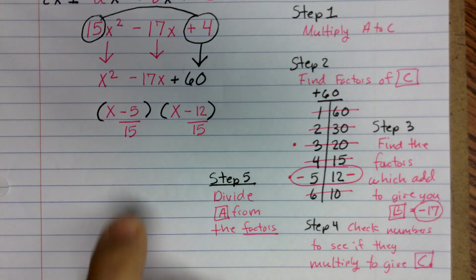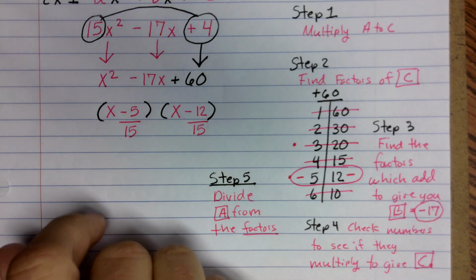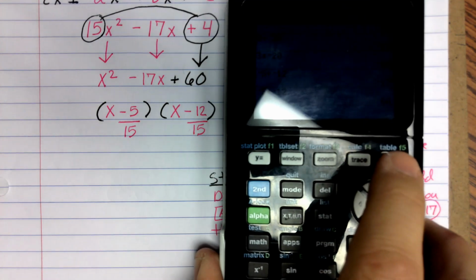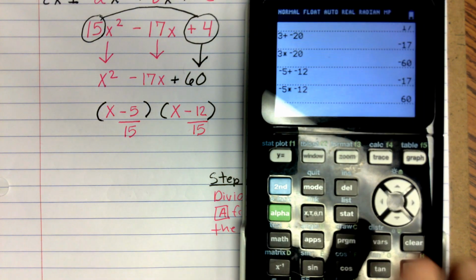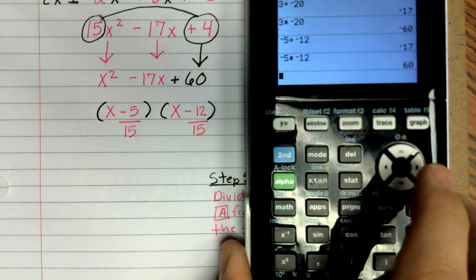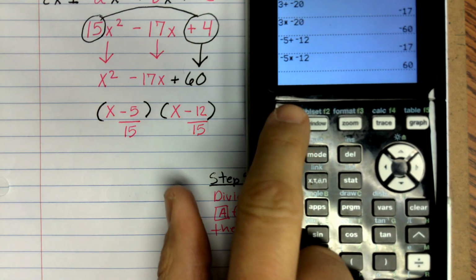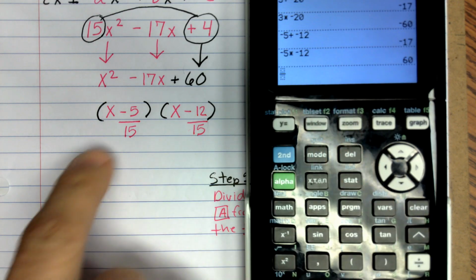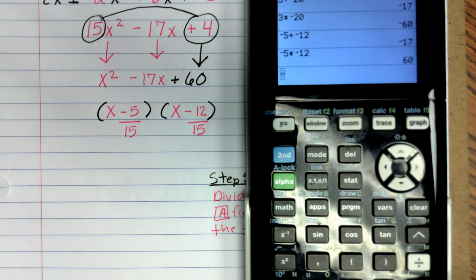So what we want to do at this point is make sure that none of these fractions can be simplified, because if they can, it will affect the next step if we don't simplify it. So I'm going to get my calculator real quick and see, can anything be simplified? A good way to check that is to use your alpha y equals function and then hit enter, and it gives you a fraction bar. Just type the fraction in and see what happens.